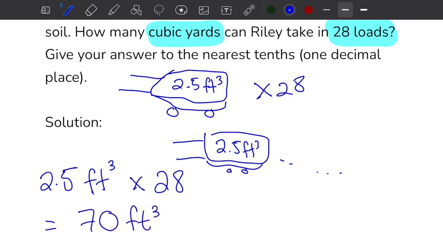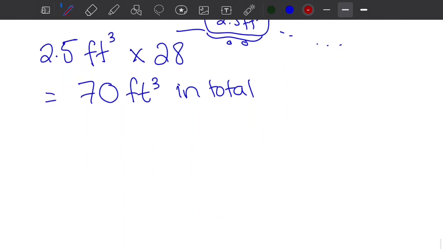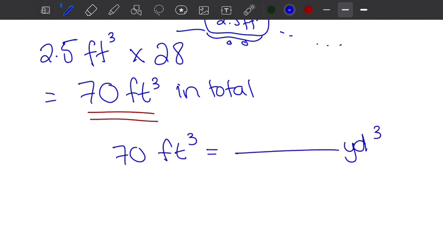So we have in total 70 cubic feet of soil. But the question says they want that number in cubic yards. Not a problem. We're just going to take this number and convert it to cubic yards, and we know how to do that. So 70 cubic feet equals how many cubic yards?